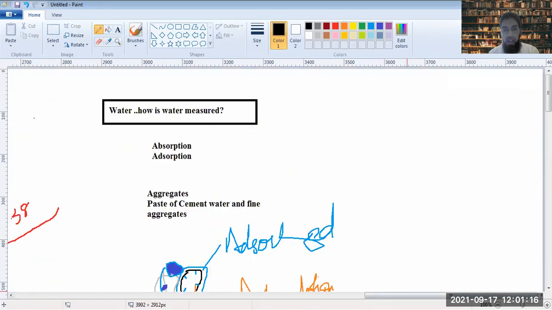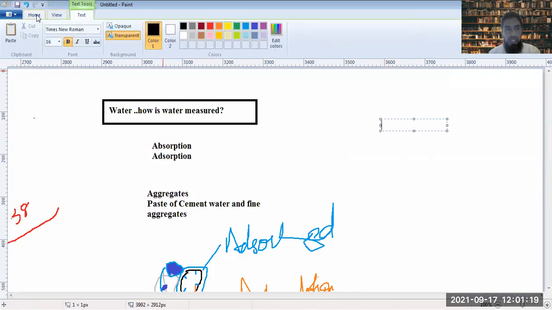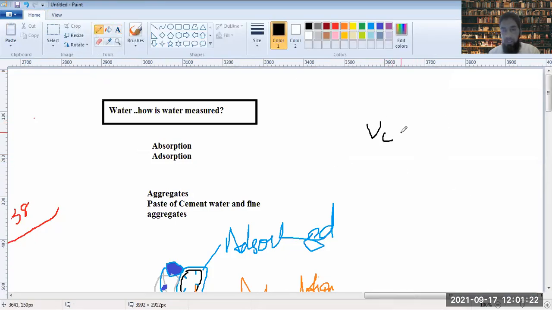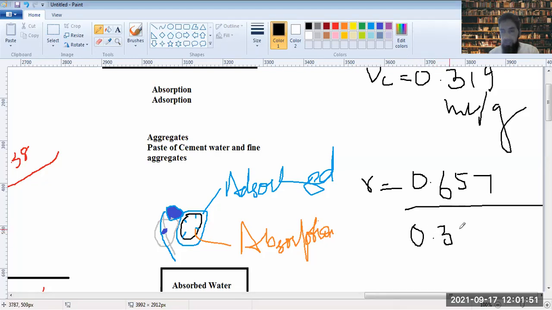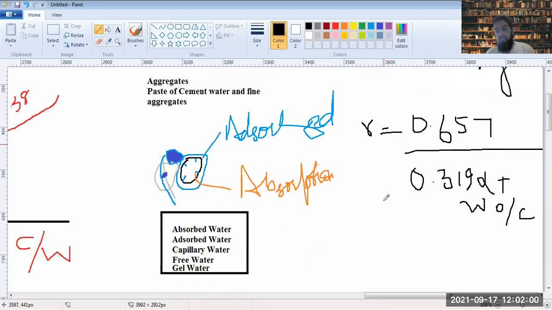If I take the higher value, if Vc is 0.319 ml per gram, then the equation R would be equal to 2.06 into Vc, that will be 0.67657, divided by, again Vc is 0.319, into alpha plus W0 by C. So this is the equation of the gel space ratio.